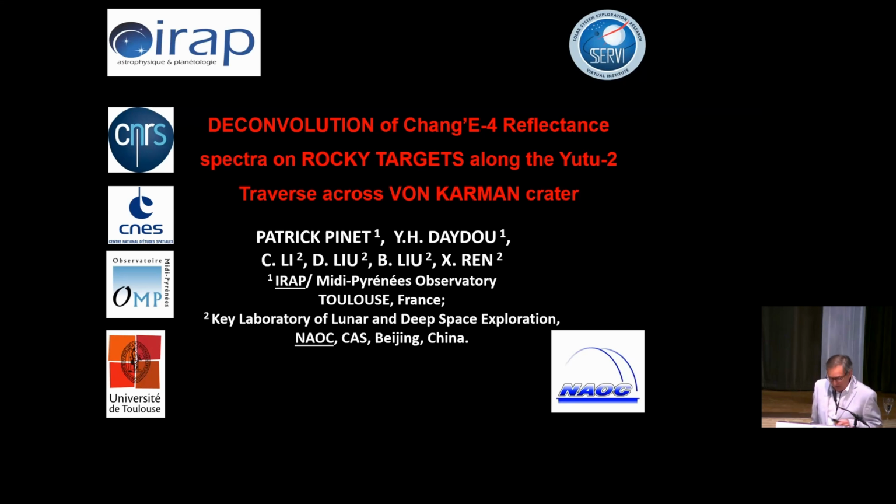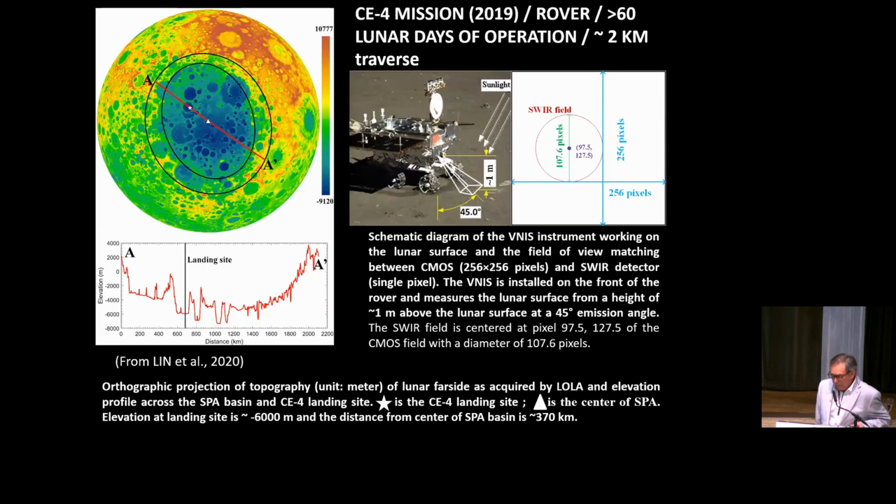So, okay, the topic here is, as you said, it's going to give you a glimpse at some results which have been obtained by the Chang'e-4 mission. And just to remind you, it's a joint effort between the National Astronomical Observatory of China and my institute in Toulouse, IRAP.